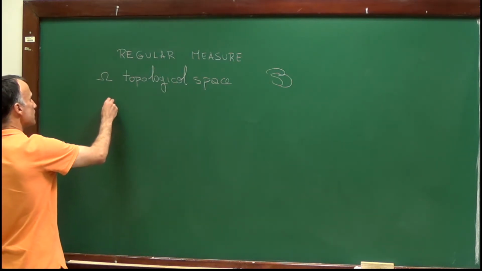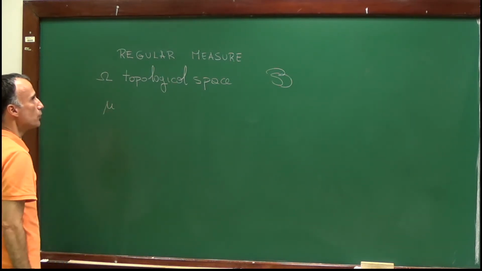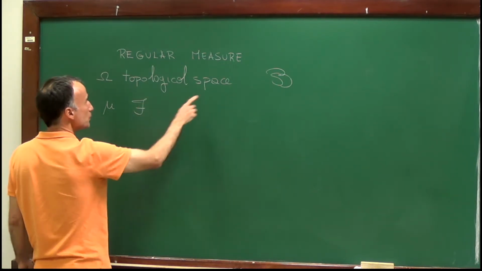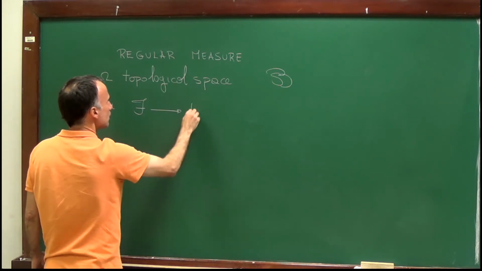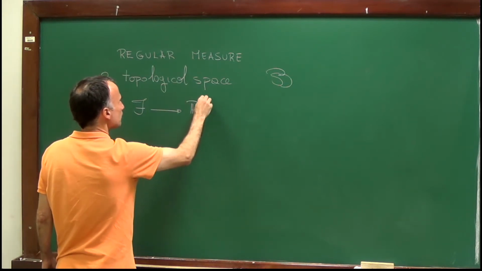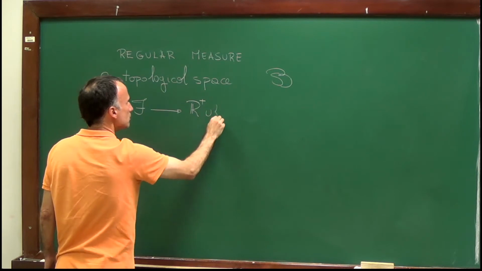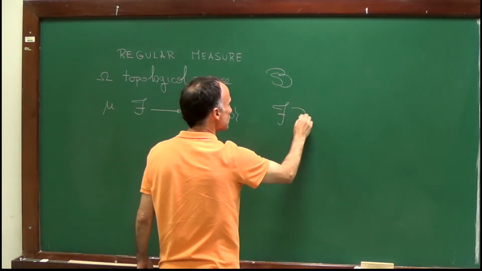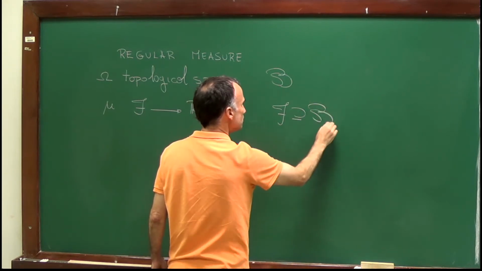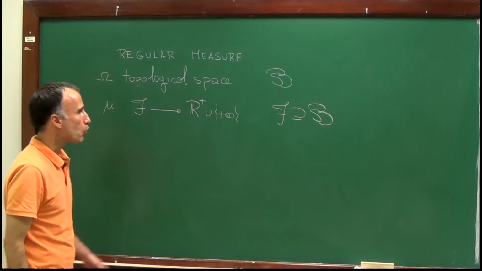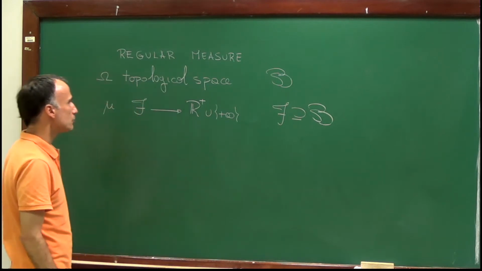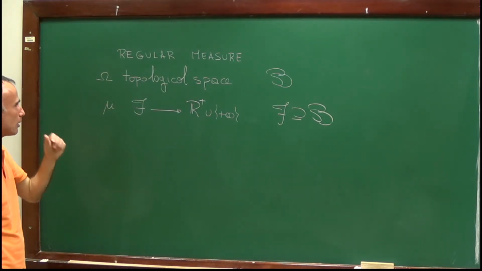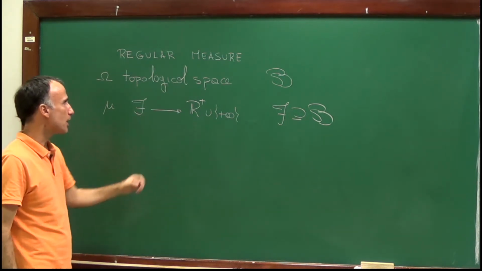And let's say that we have mu, which is defined on a sigma algebra F. I'm assuming that the sigma algebra F contains the sigma algebra B, so all open sets belong to this sigma algebra, and that we have a measure defined in this larger sigma algebra.